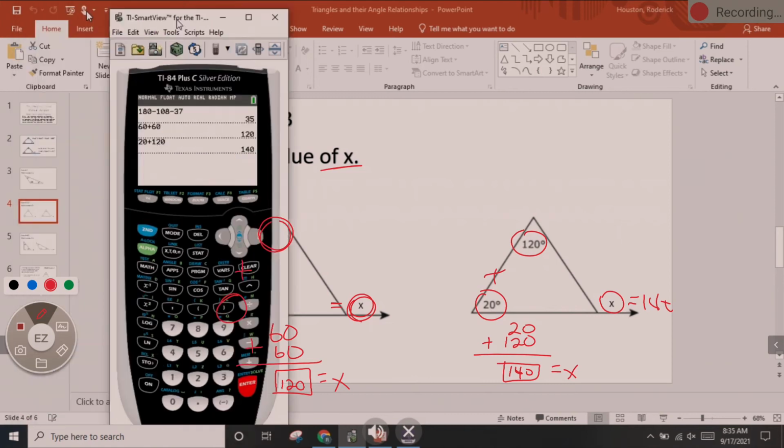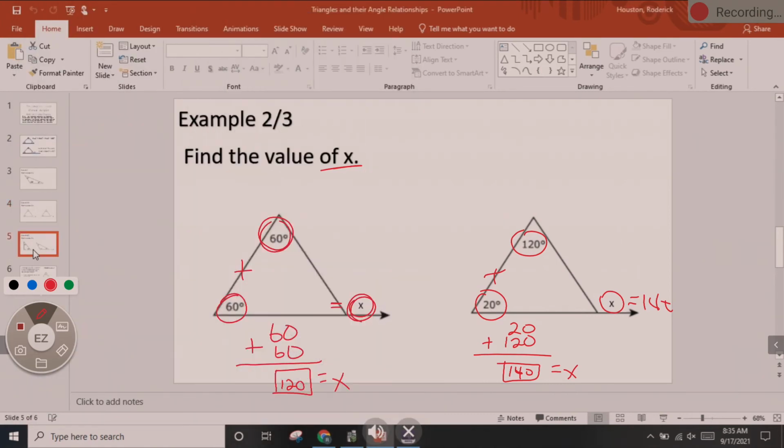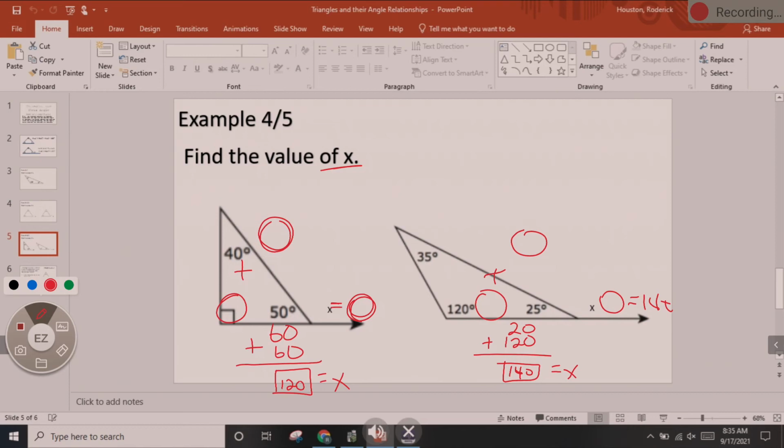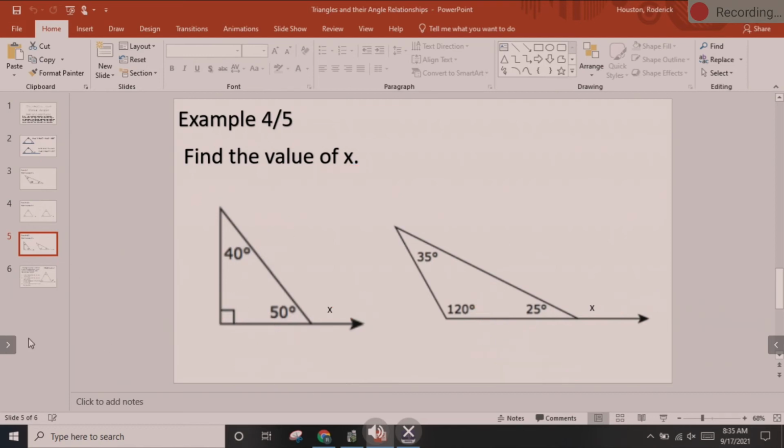Okay, our next example. Says find the value of X. So this is cool because we have two ways to do it. Two angles that are side by side on a straight line like this.